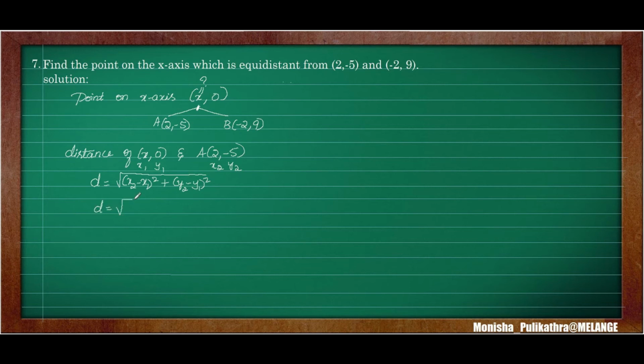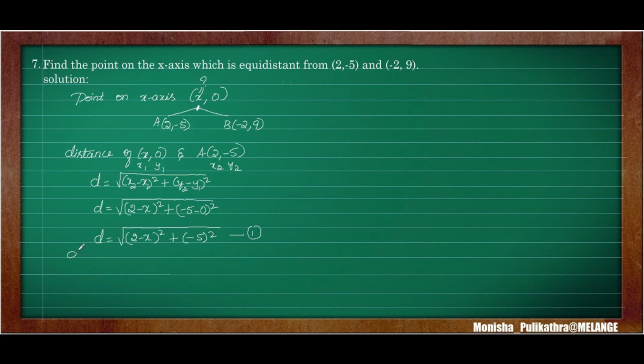So d is equal to square root of x2 minus x1, that is 2 minus x whole square, where x1 is x, so write x itself, plus y2 is minus 5 minus 0 whole square. So d is equal to square root of 2 minus x whole square plus minus 5 whole square. Fine. So this is equation 1.